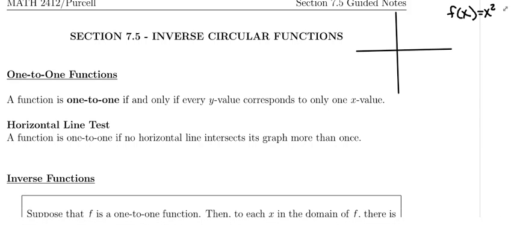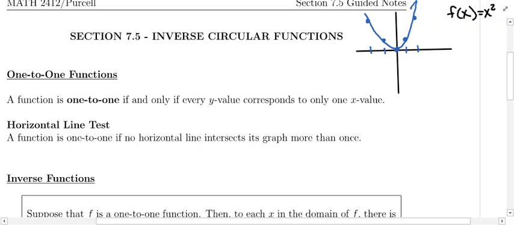This is a parabola. It goes through 0, 0, and then it goes through 1, 1, 2, 4. The graph is symmetric about the y-axis, so it goes through -1, 1, and it goes through -2, 4.